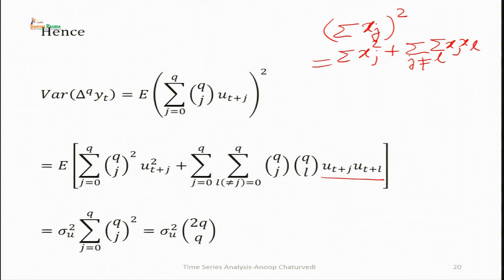And this is a simple mathematical problem. Summation j equal to 0 to q, q c j square is equal to 2q c q.